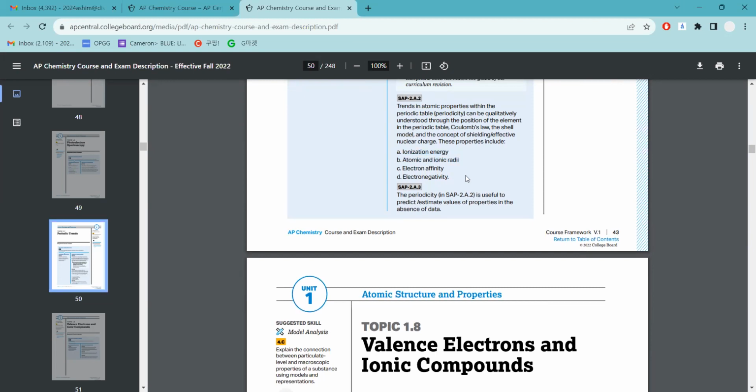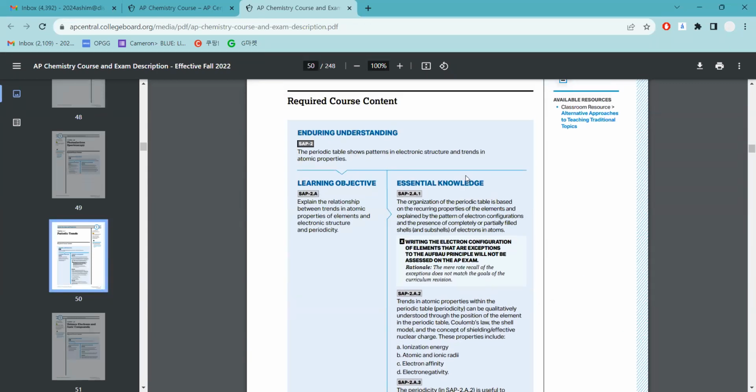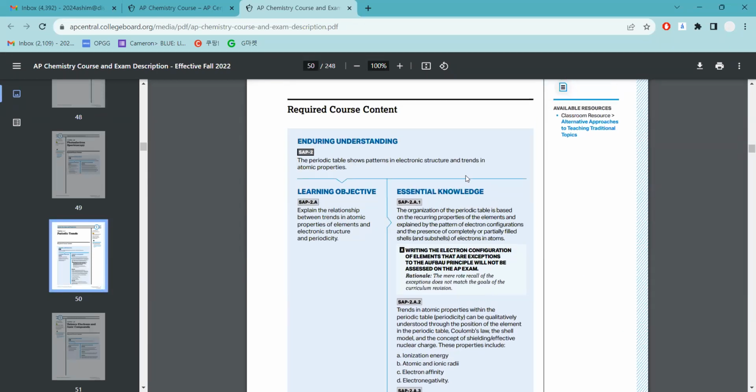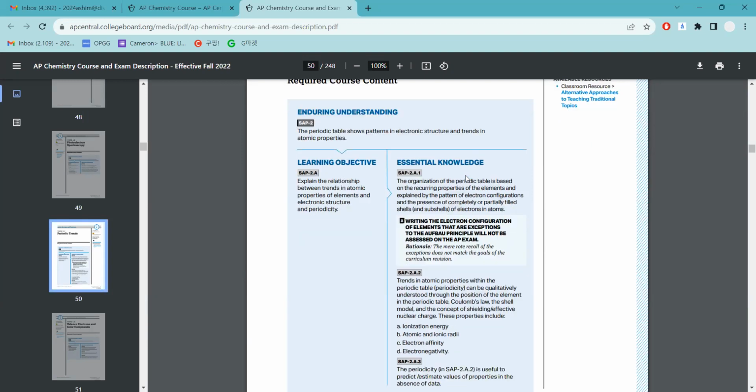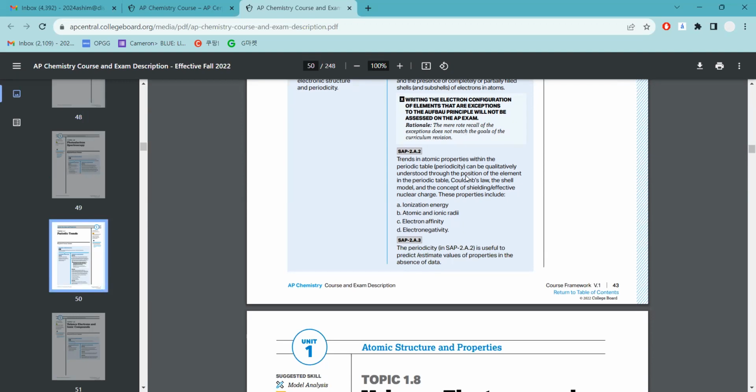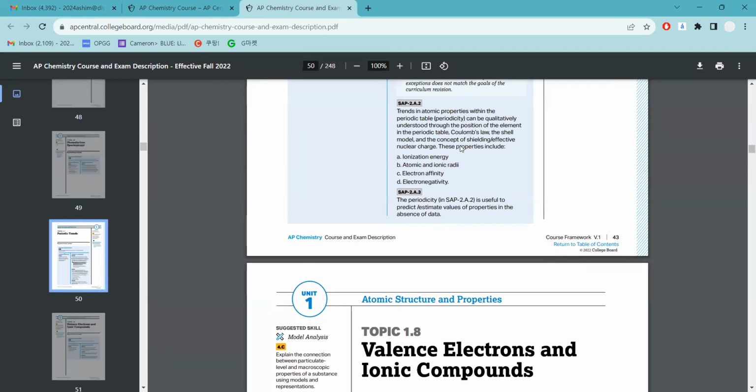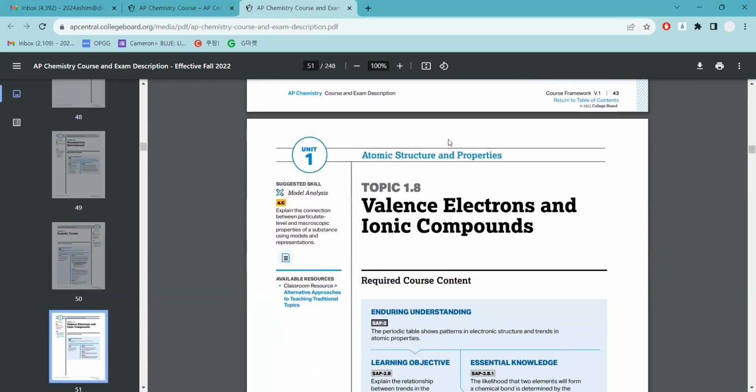Just to give a little spoiler, most of these trends are similar in that they go in the same direction, mostly toward the top right corner towards fluorine, as ionization energy and electronegativity follow that trend, but there are reasons that you'll have to associate later on.